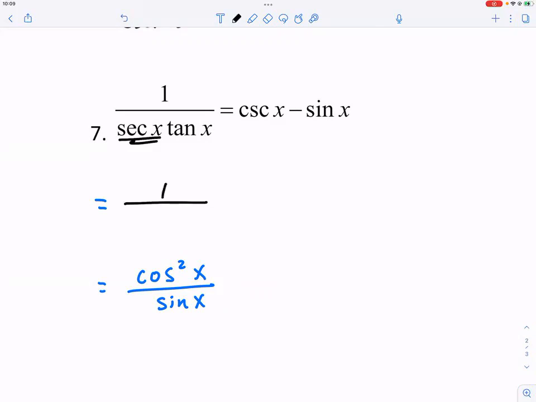Well, if you have secant x in the denominator, that means you can move it to the... well, how about this? Let me just use a complex fraction then. 1 over sine x, and then sine x over cosine x.